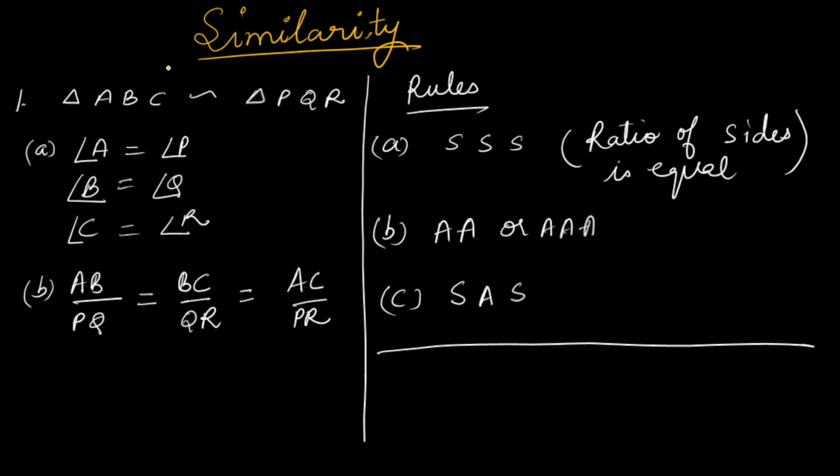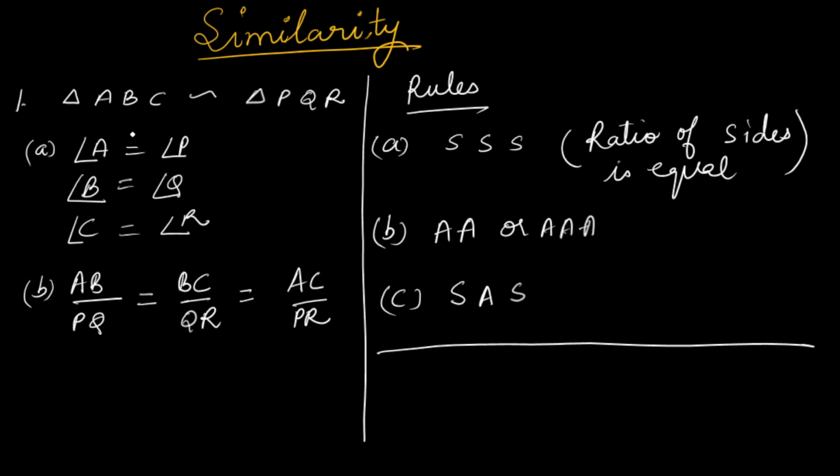That means angle A equals angle P, angle B equals angle Q, and angle C equals angle R. That's why the naming of the triangle should be written in the proper order, otherwise the ratio might go wrong, because corresponding angles are equal and the ratio of the corresponding sides is equal.